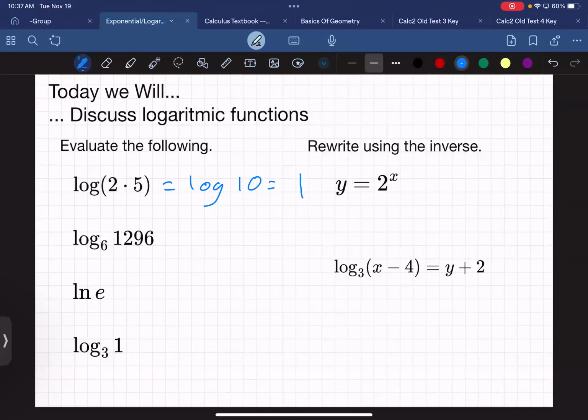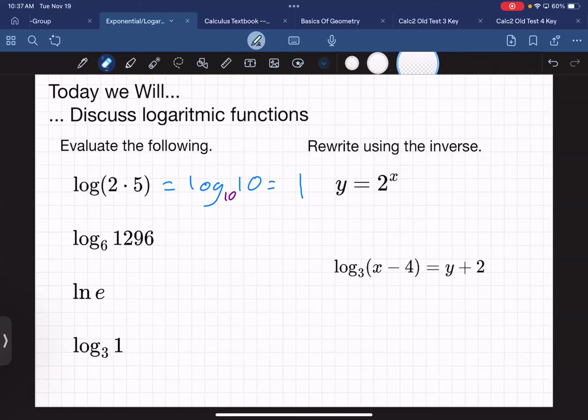Make sure you remember that when the base is not there, it means log base 10. That's what the common log is. But also don't forget the order of operations, that comes with that. Questions?